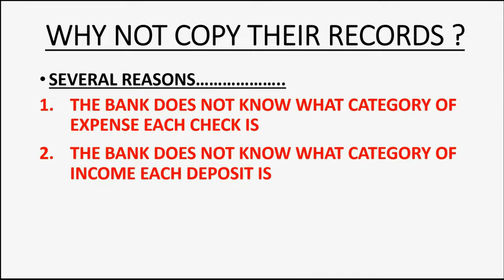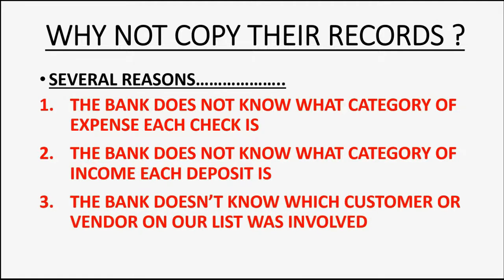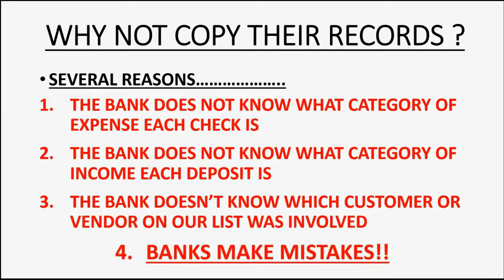And we may receive income for different reasons that we would like to track in different income accounts, and the bank cannot know which deposits get categorized into which particular income accounts. The bank also does not know which customer or vendor was involved in the transaction. They may put the name of the person in the description field, but that doesn't mean that we can choose the correct customer or vendor just from what downloads from the bank.